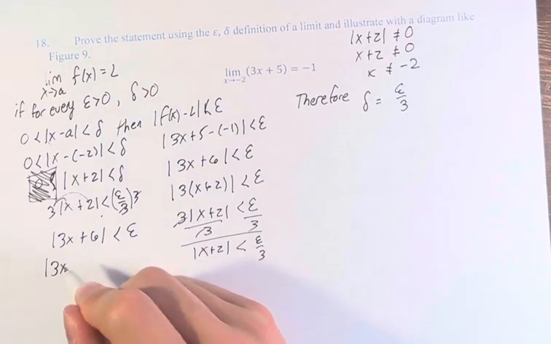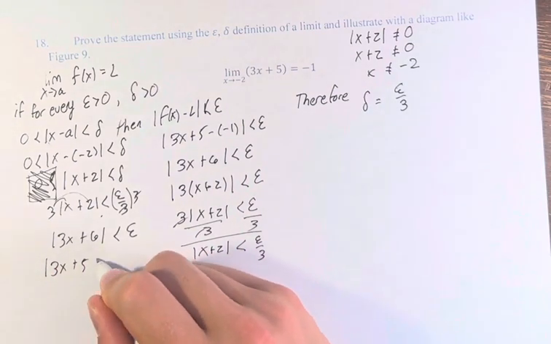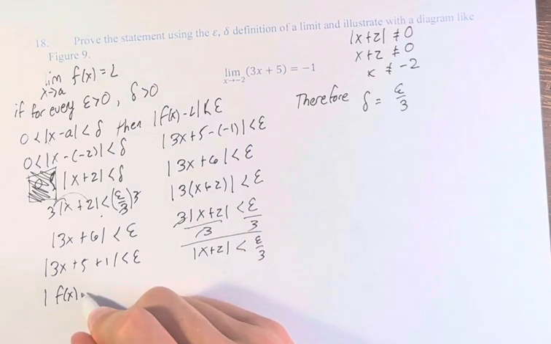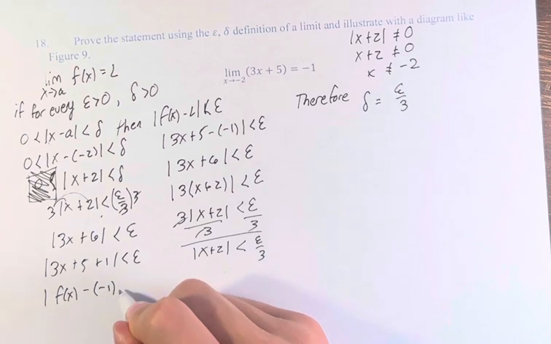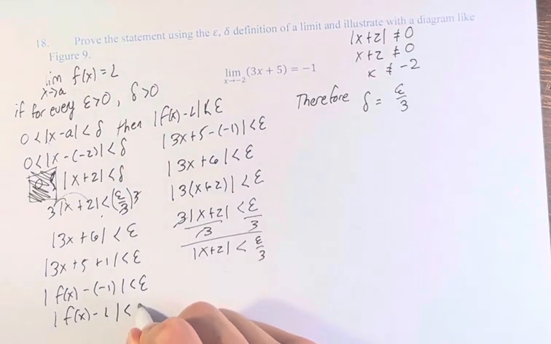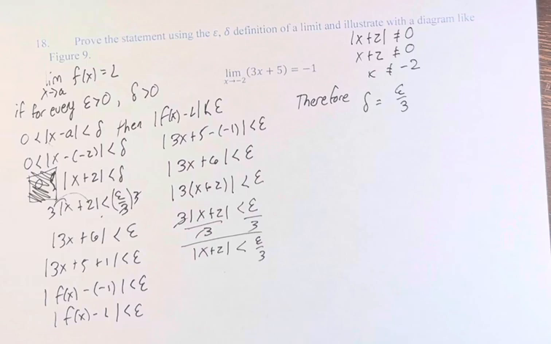Therefore, 3x plus 6 is 3x plus 5 plus 1. This is f of x, 3x plus 5, plus 1 is minus -1. Therefore, the absolute value of f of x minus L is less than epsilon. So from this relationship, we can prove that this is true if this is true.